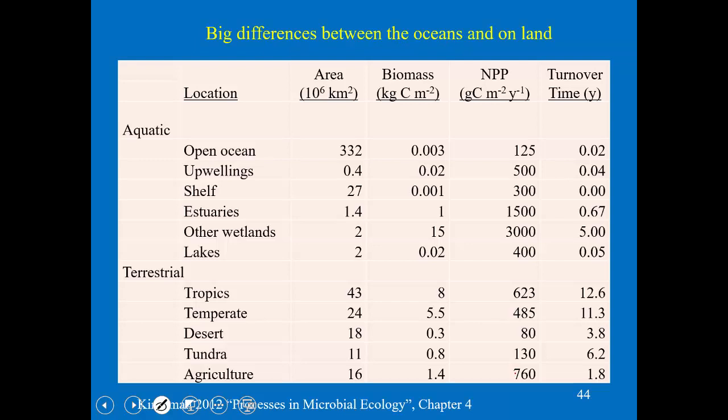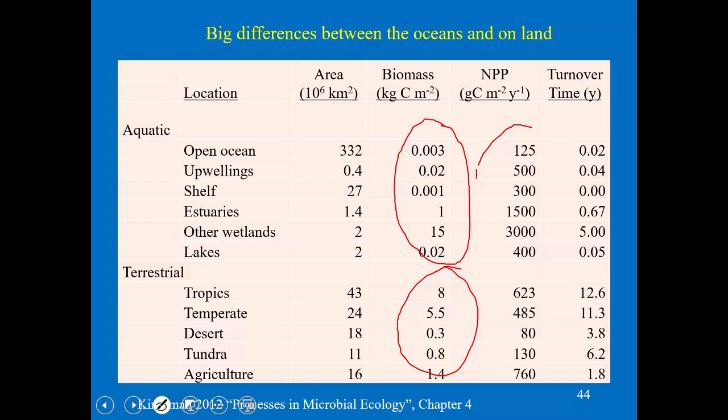So here again, I think I mentioned this already about the difference in biomass. There's much less biomass per meter squared in the oceans as compared to what's on land. But remember that the total amount of primary production in the oceans is roughly equal. If you add up all the primary production done in the oceans, it's roughly equal to what's on land, in spite of the huge difference in biomass.